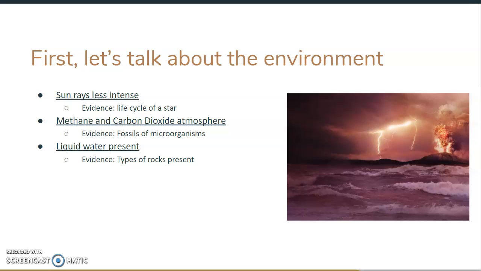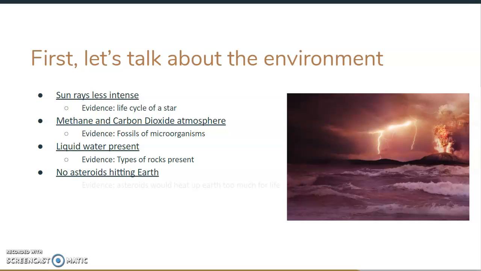Also, we know at this time that no asteroids were hitting the Earth. When we were talking about the formation of the Earth, we talked a lot about how rocks were hitting the Earth and kind of helping with our layer formation.